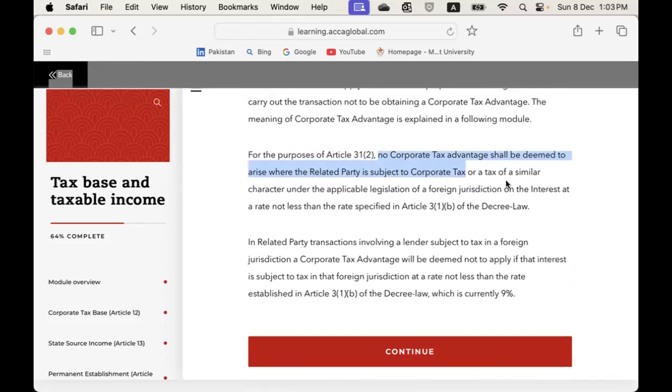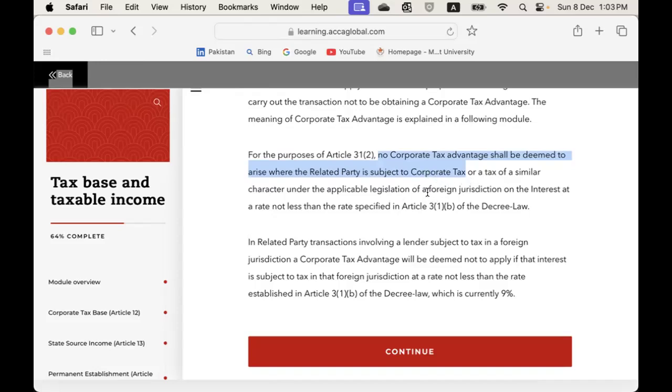The party that is taking the loan will claim interest expense deduction. So if these are related parties and both are subject to corporate tax, then at an economic level, if FTA loses on one side, it gains on the other side. Right? That's the concept that has been mentioned here.